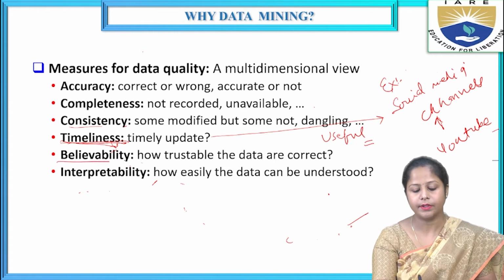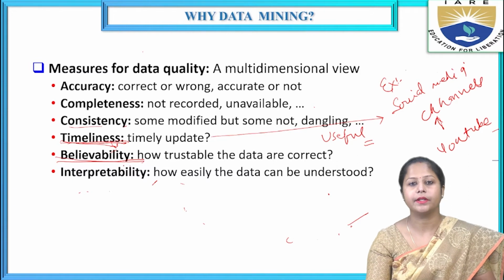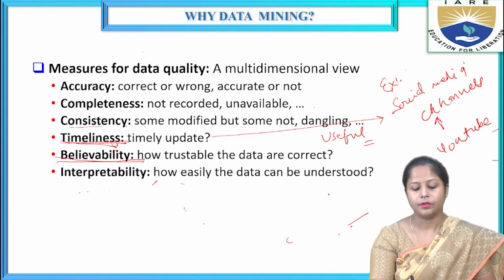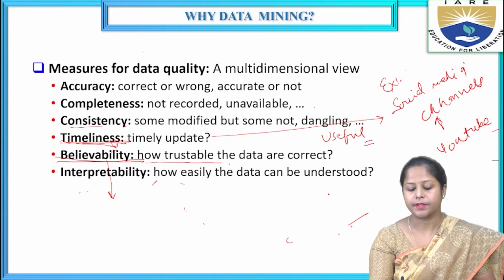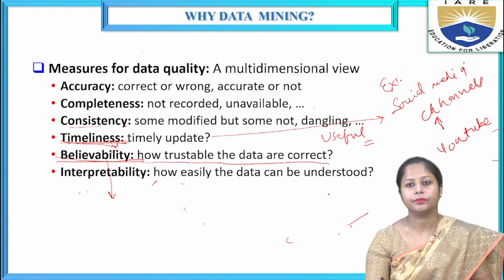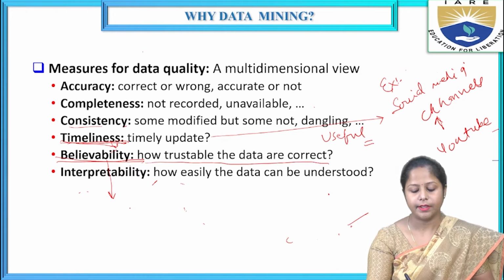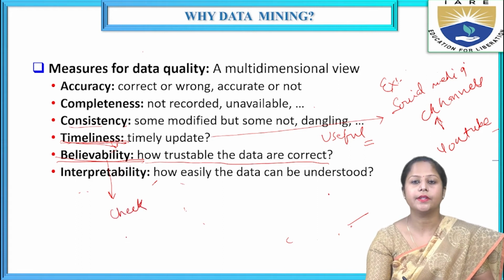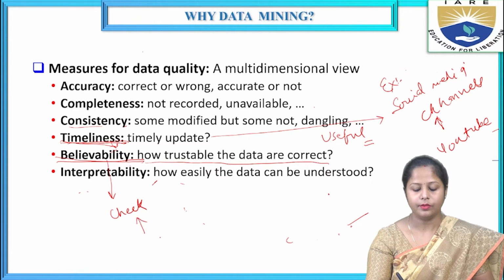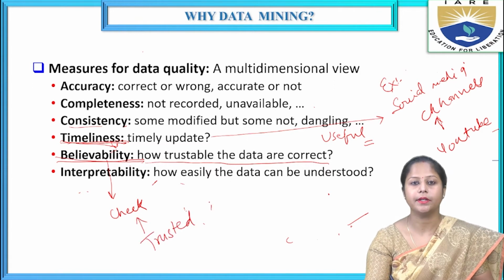Next measure, we will check believability of the data quality. So, what is believability? How trustable the data is, correct or not. In this we will check whether the data is trustable or not. So we will check whether the data has been taken from trusted sources.